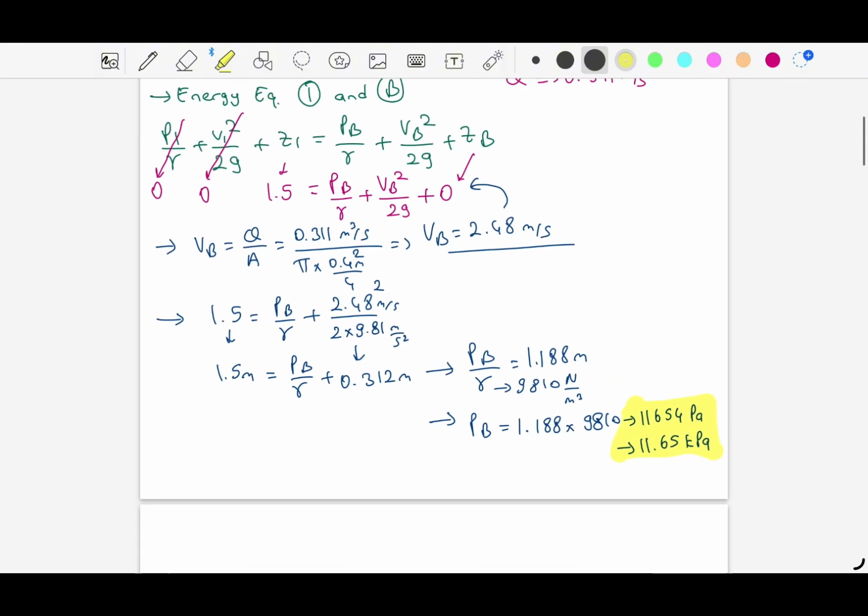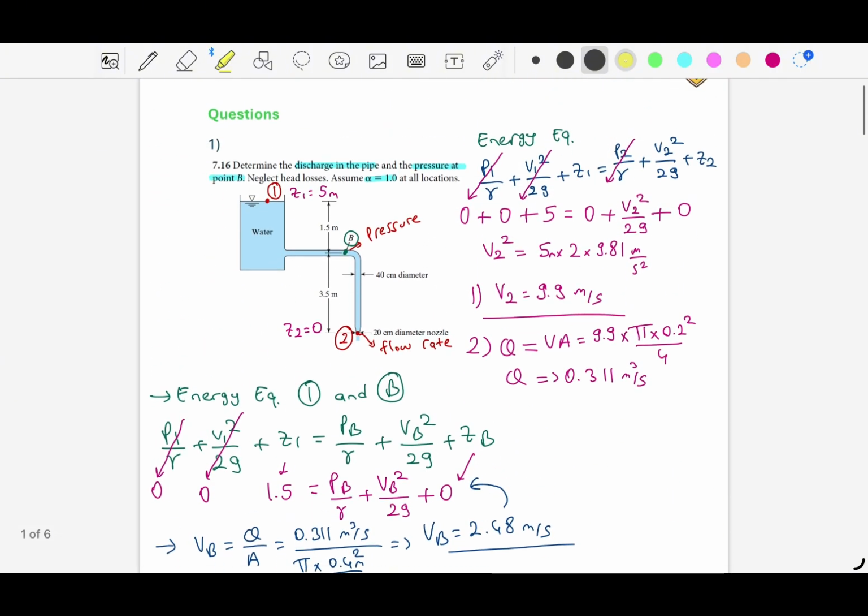So this is the pressure at point B, and this is the discharge we have.